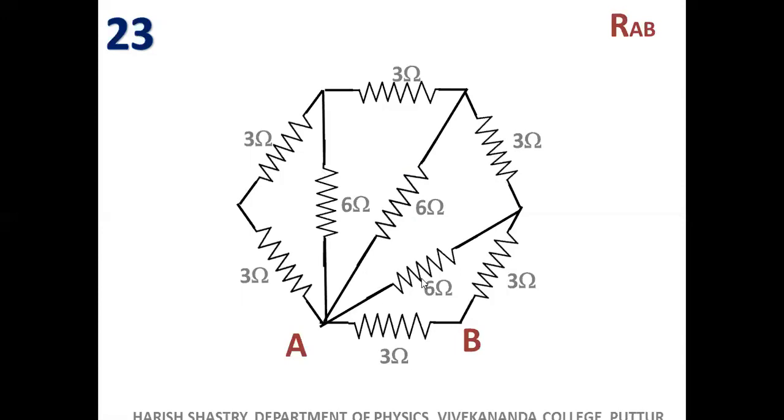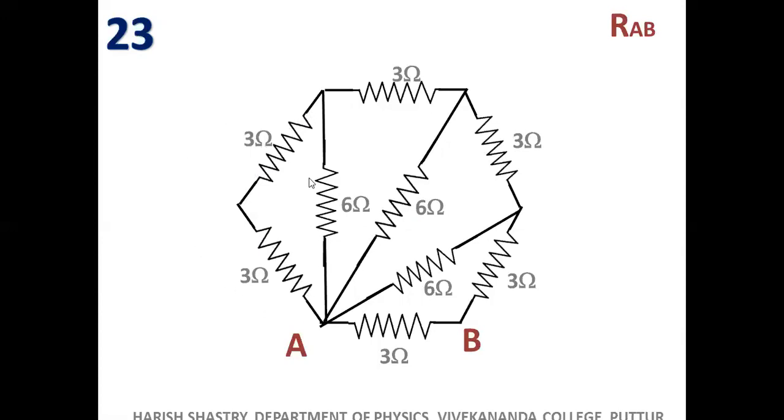Here a branch of current moves here, and here one branch, and here, of course, if you connect a battery here, the negative will come here. There are branches here also. But here you see, once the current branches here, it moves here. Another one here. This branch current flows through both the resistors, 3 ohm and 3 ohm.